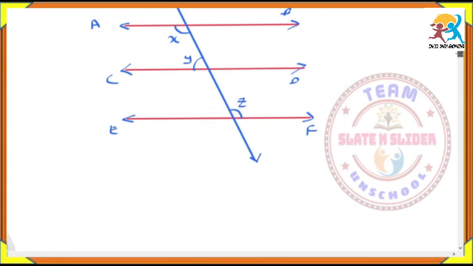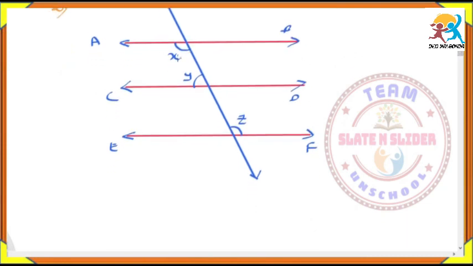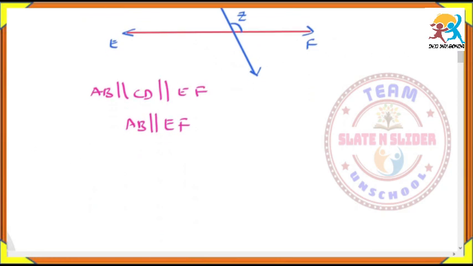So in the question we have AB parallel to CD, and CD parallel to EF. From this we can say that AB is parallel to EF. So this line is the transversal. We can say that x plus y is equal to 180 degrees. How am I writing x plus y is equal to 180 degrees?